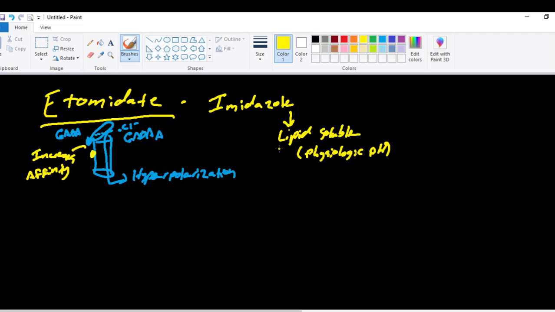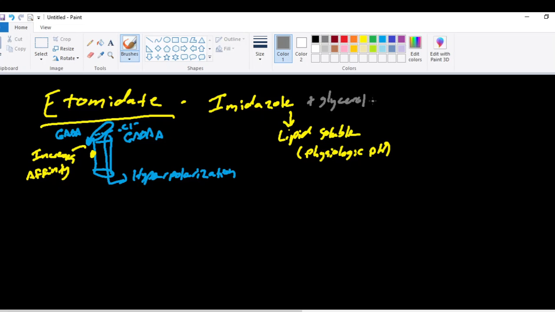Because it's lipid soluble at physiologic pH, similar to propofol, you have to combine imidazole or Etomidate with more water-soluble substances such as glycerol. And although I didn't talk about it in the propofol video, glycerol as well as soybean oil and egg lecithin are found in propofol.